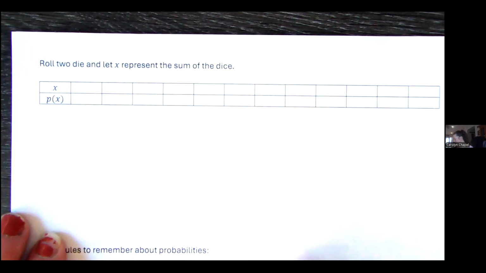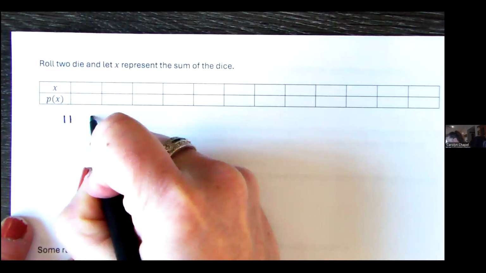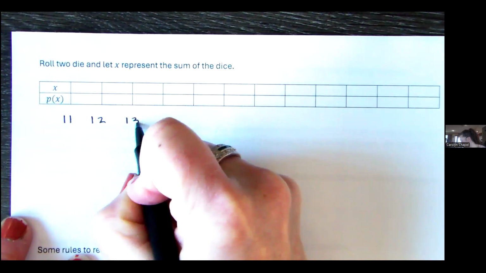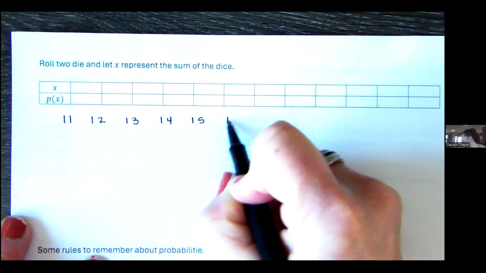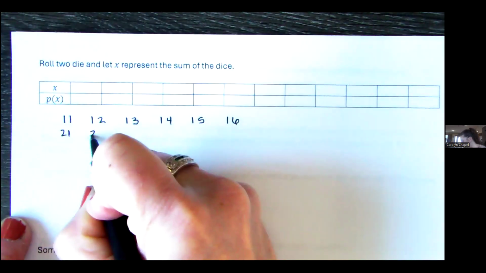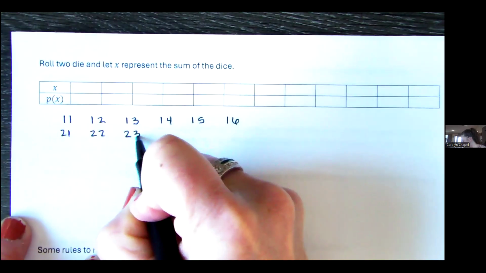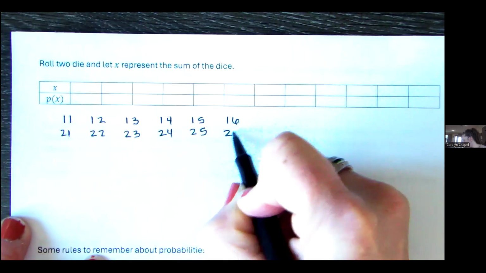I left myself some room here because you could get a 1 and a 1, a 1 and a 2, a 1 and a 3, a 1 and a 4, a 1 and a 5, a 1 and a 6. You could have gotten a 2 and a 1, a 2 and a 2, a 2 and a 3, a 2 and a 4, and I'm not going to read them all off.